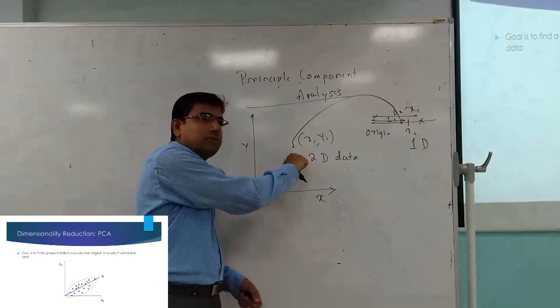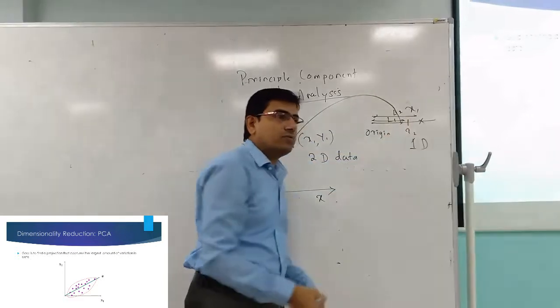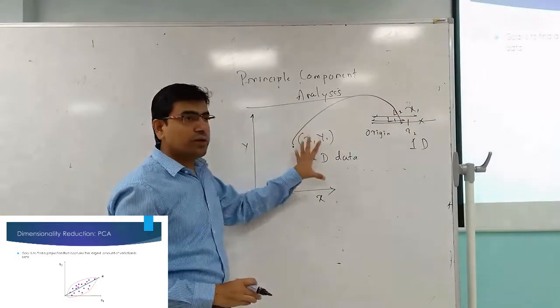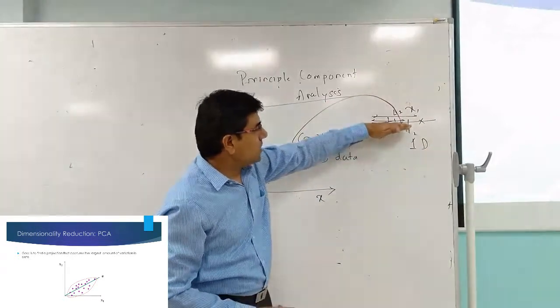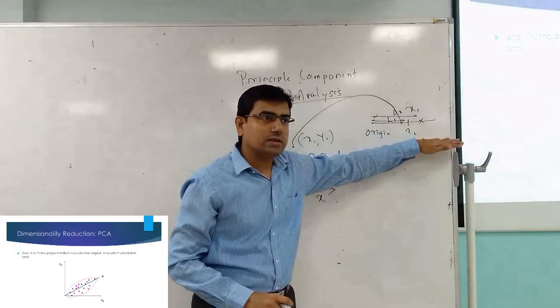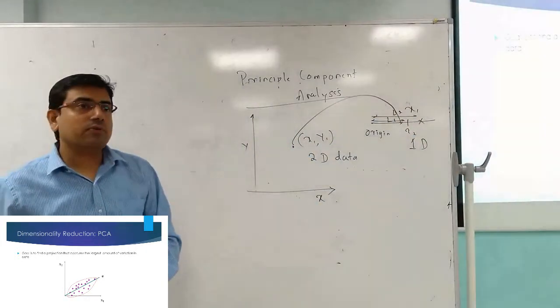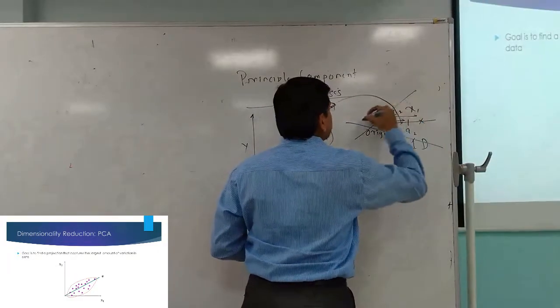The data point available on the 2D plane is mapped to the line over here. Effectively, you have reduced two dimensions to a single dimension. So what kind of line do you have to select? There are infinitely many possible lines. You can choose one here or here, somewhere here.